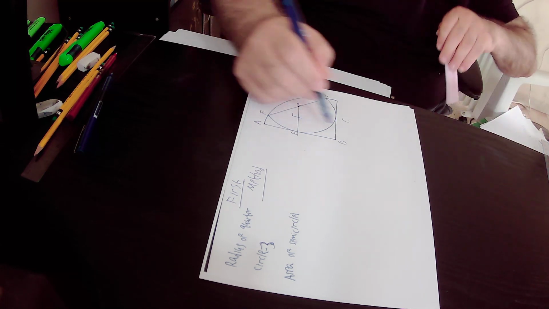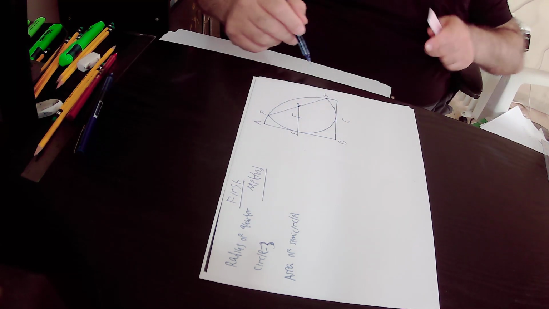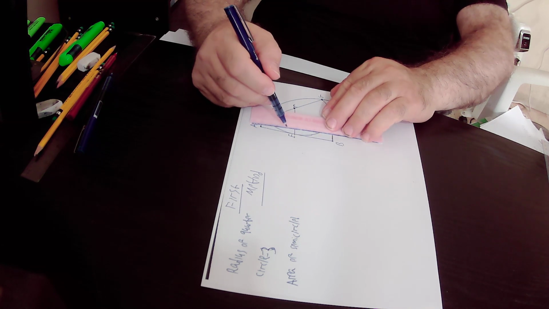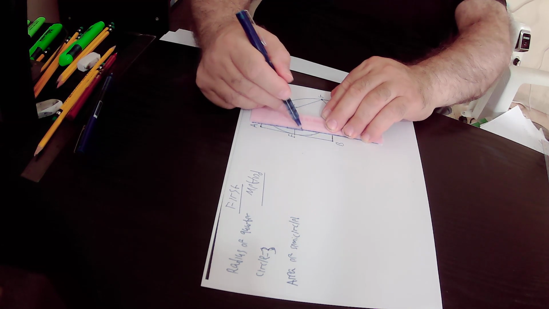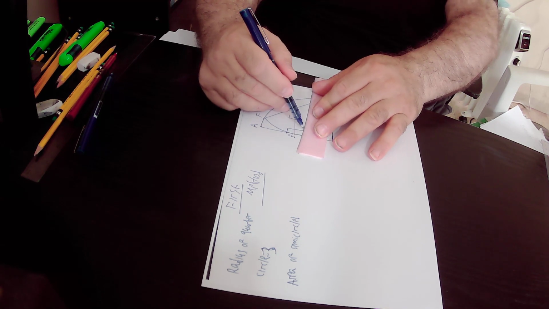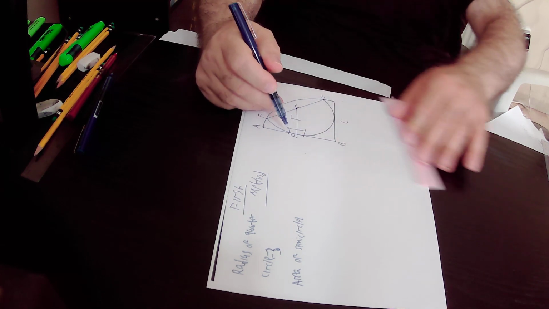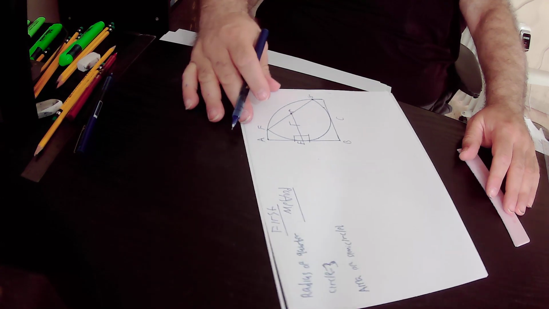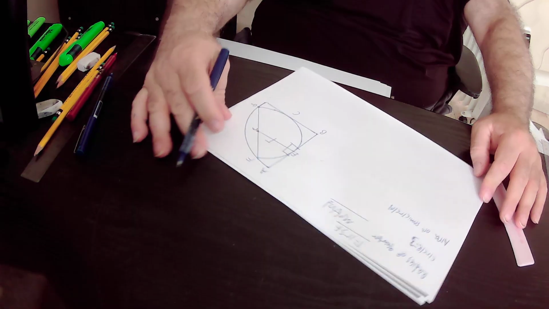So AB is perpendicular to EC, that is to say this angle will be equal to 90 degrees and this angle will be also equal to 90 degrees, according to rule number 1.